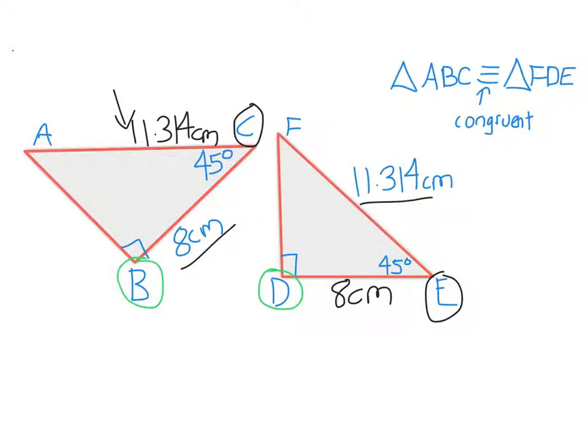Because I told you they're congruent, there are pairs of equal sides and pairs of equal angles. So you just have to figure out which sides correspond to which, which angles correspond to which, and which vertices correspond to which, and you figure that out by figuring out whether a reflection, rotation, or translation has taken place.